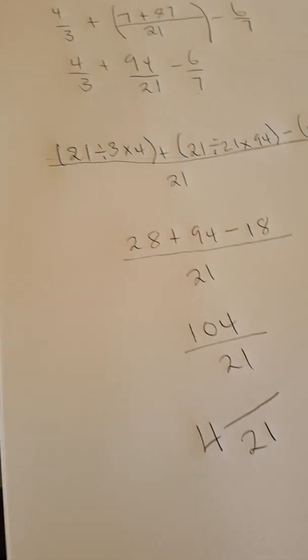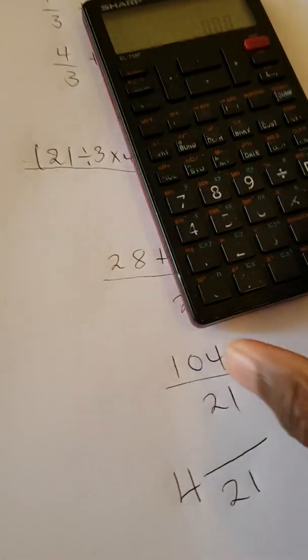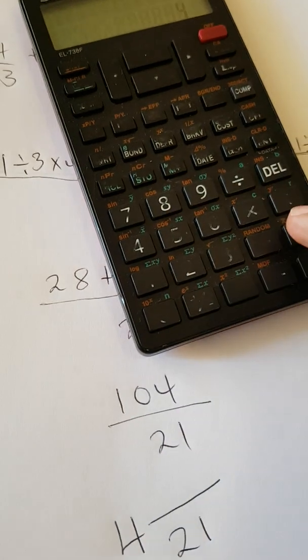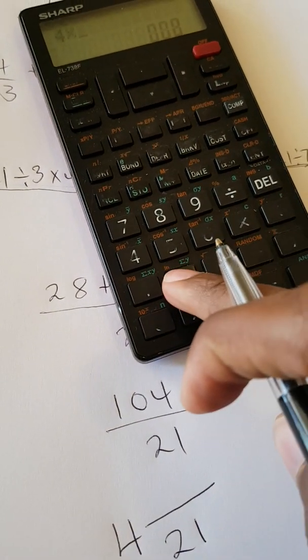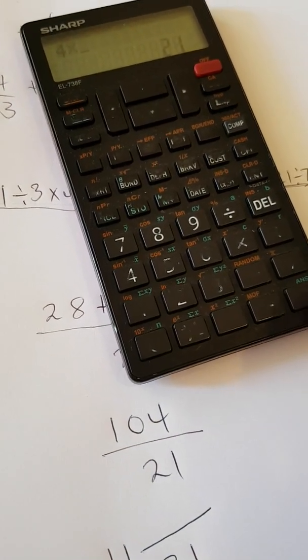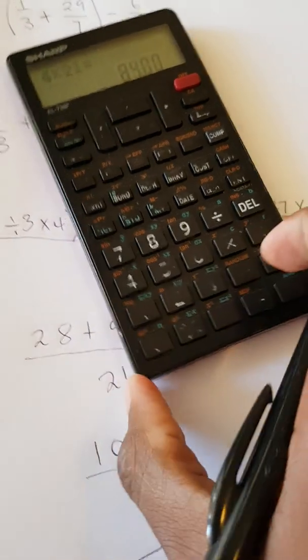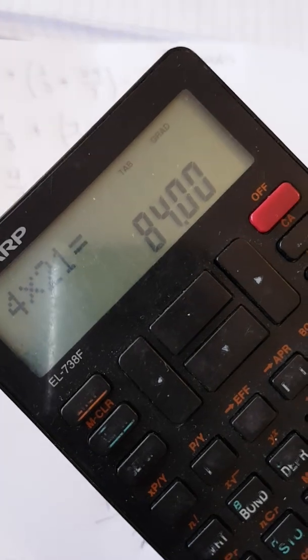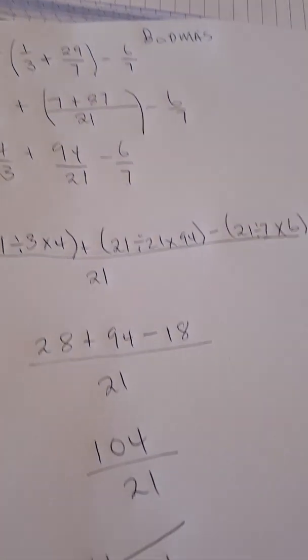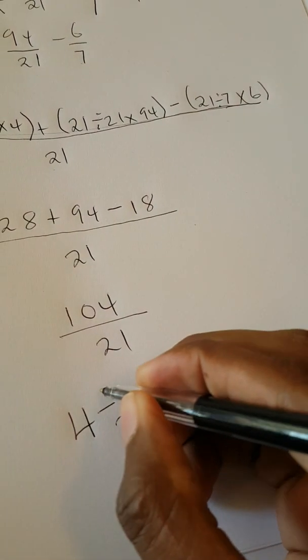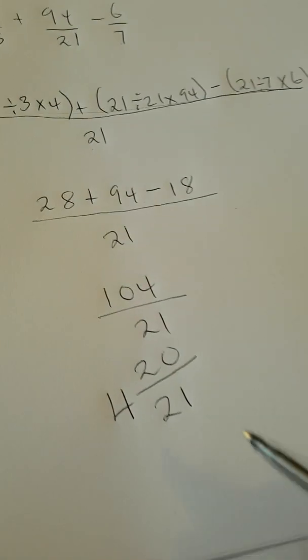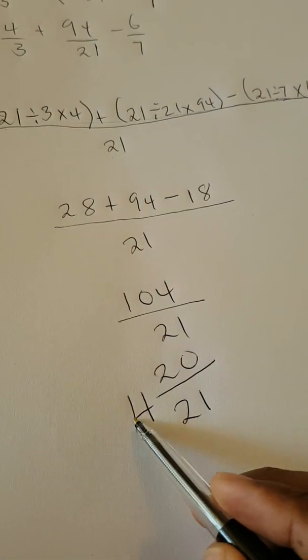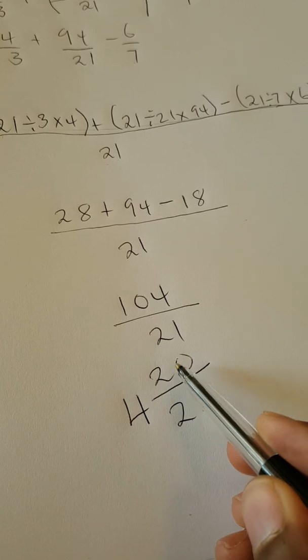So now let's say 4 times 21, and then we will get 84. So 104 minus 84 is 20. So it means it leaves 20.